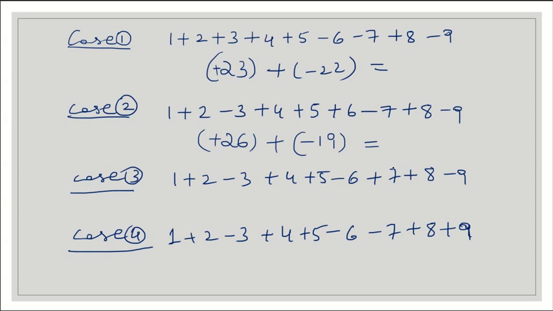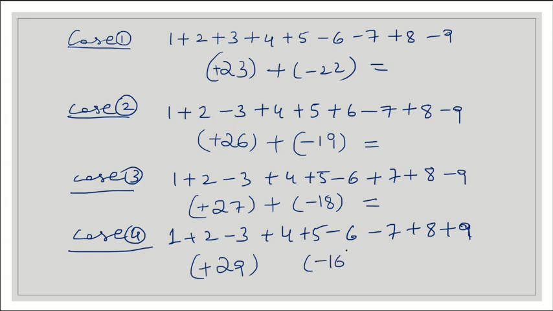Similarly, when 7 becomes positive, 20 is increased by that 7 and 25 is decreased by that 7, which gives me the sum. And when 9 becomes positive, 20 is increased by 9, giving plus 29, and 25 is decreased by 9, giving minus 16. They are added, giving me the sum.